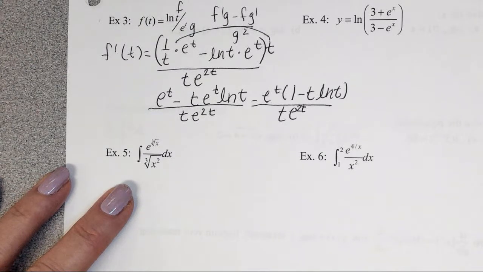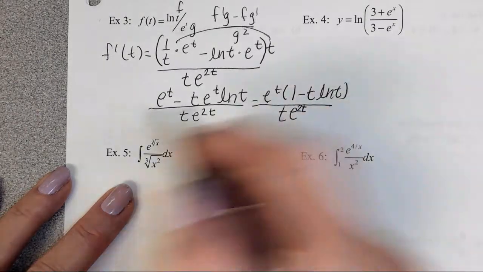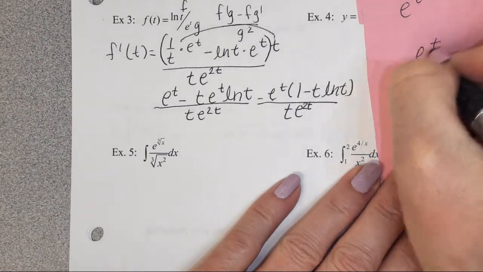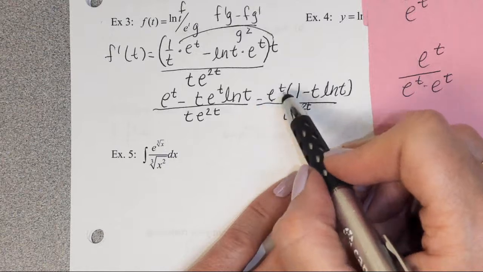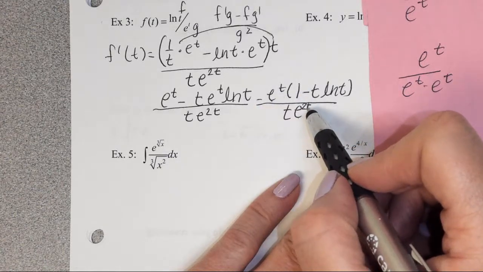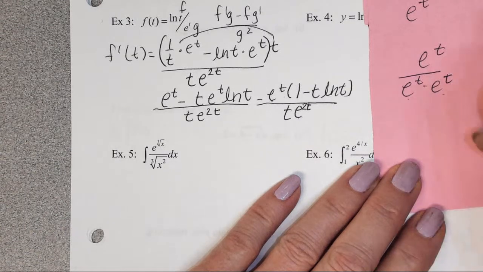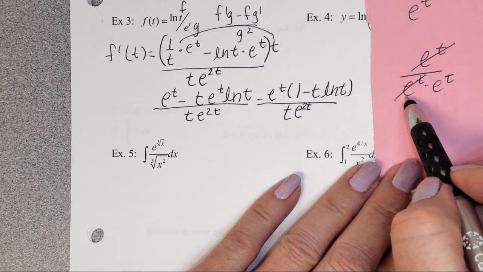Is there anything more we can do with it? Can I cancel this e to the t and e to the 2t? What does e to the 2t mean? It's e to the t times e to the t, isn't it? So I have this e to the t, and this e to the 2t really means e to the t times e to the t. Can you see how those would actually be able to cancel?